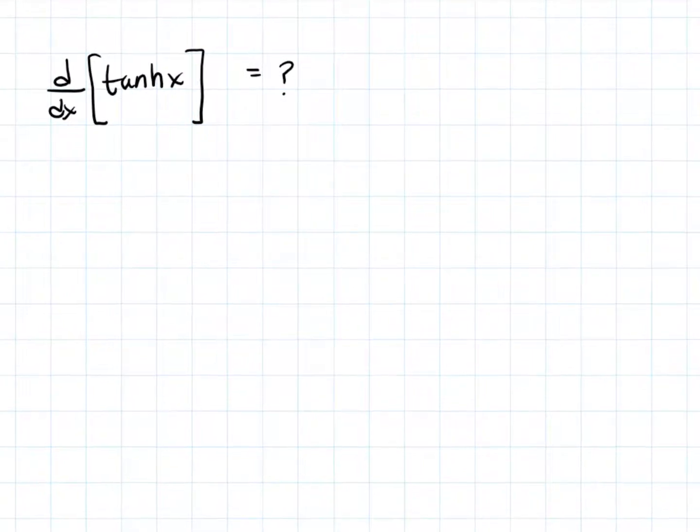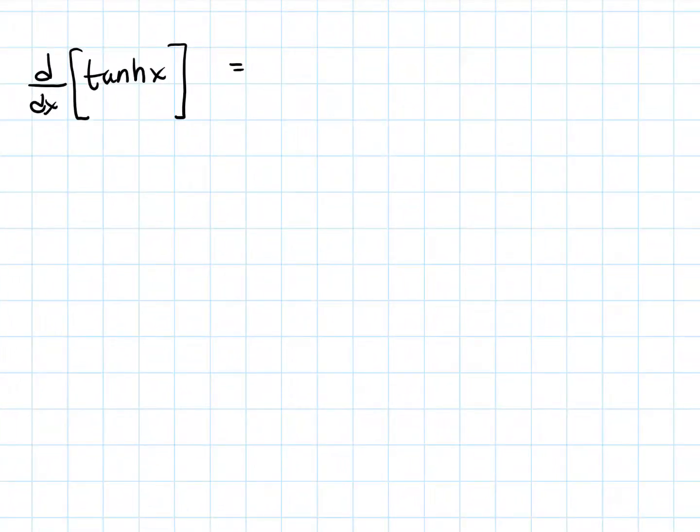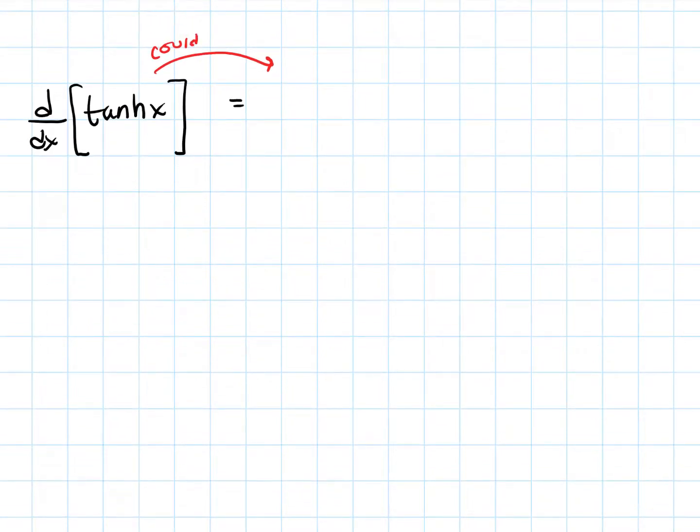So how do we take the derivative of the hyperbolic tangent? Well, we could go to its exponential form. But better yet, we just proved, using exponential forms, the derivatives of sinh and cosh. So since we already know the hyperbolic sine and hyperbolic cosine derivatives, all the other four hyperbolic functions are defined in terms of those.